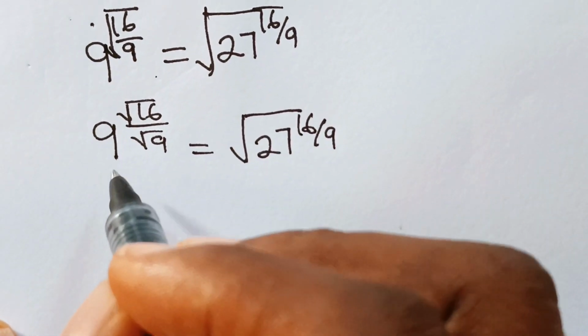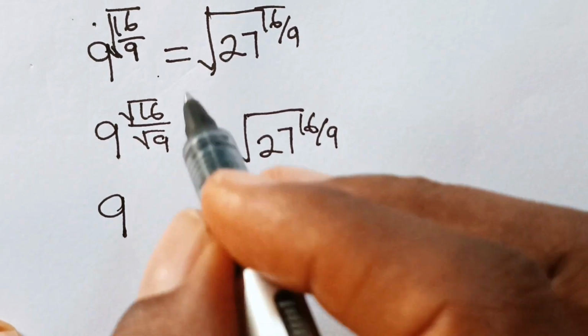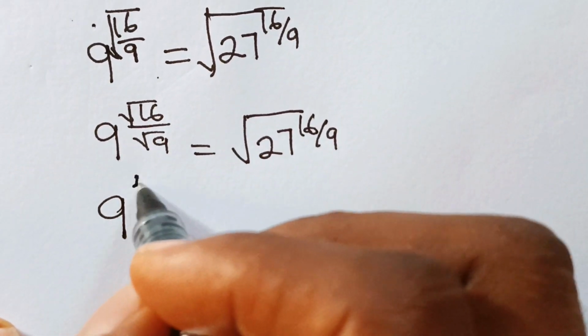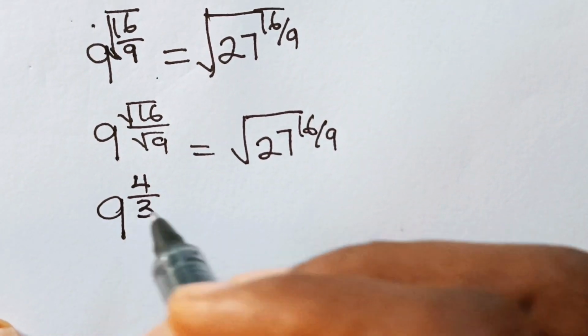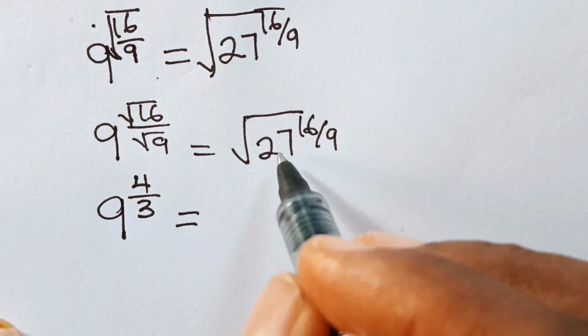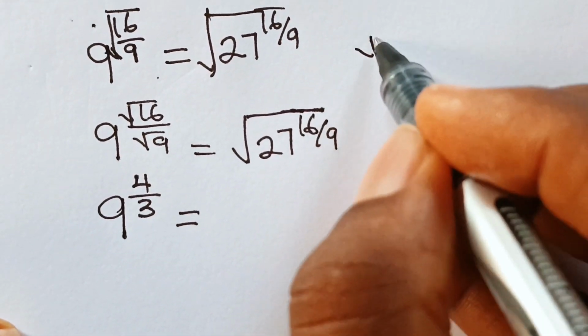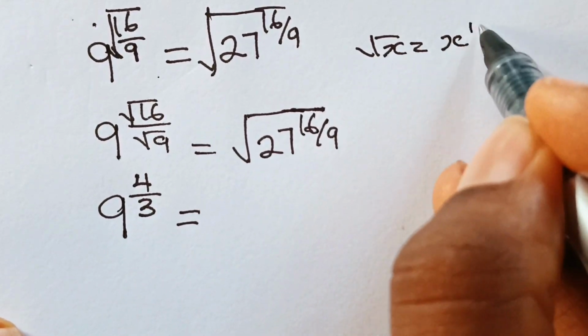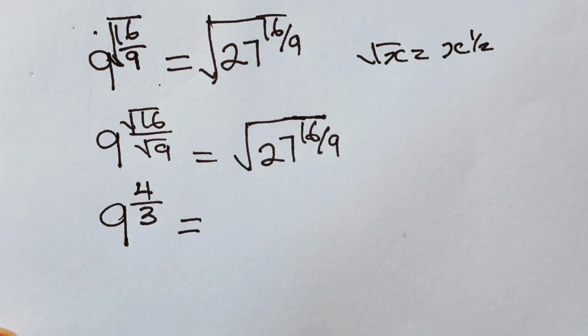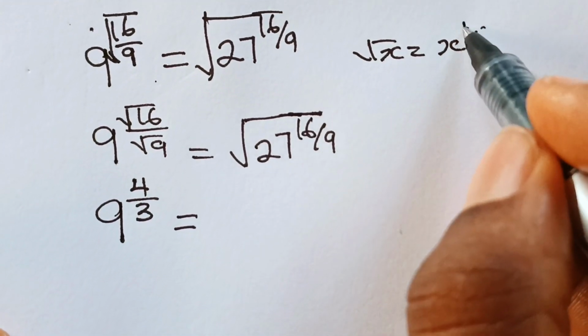Okay, all right, so we have 9 to the power of 16. Square root of 16 is 4 and square root of 9 is 3, is equal to, now square root of x, that is square root of any number, square root of x is equal to x to the power of half. Okay, x to the power of half, this is power.